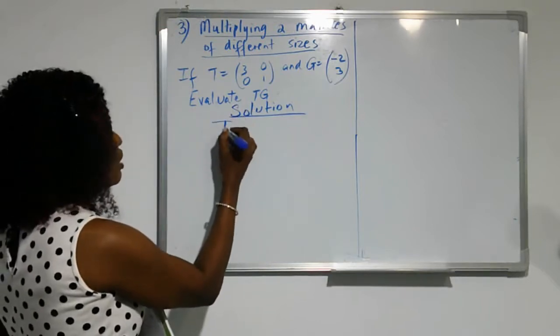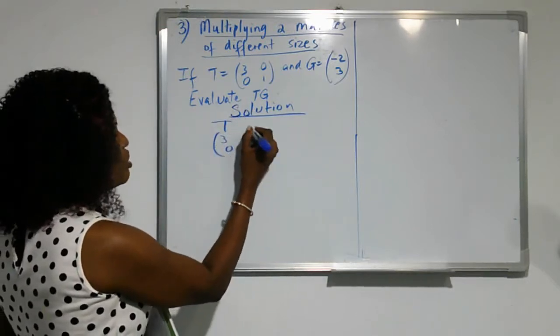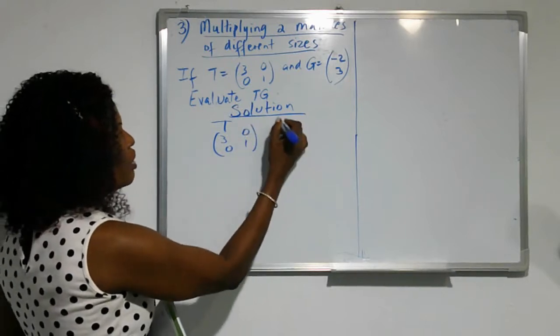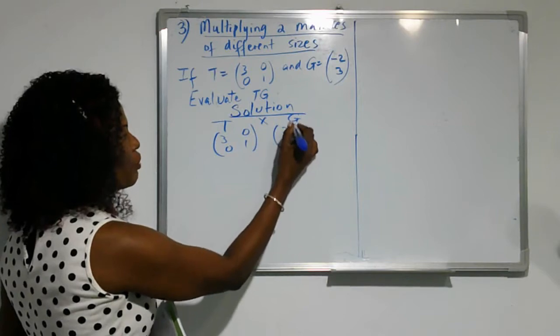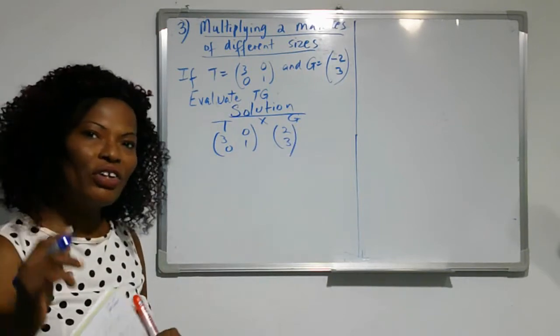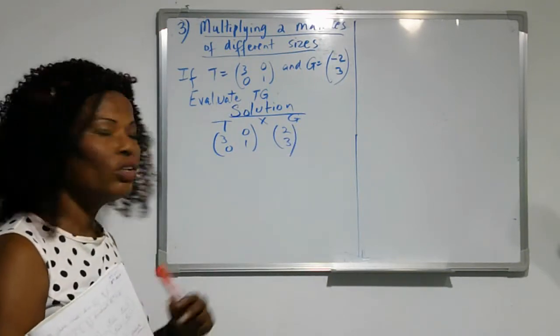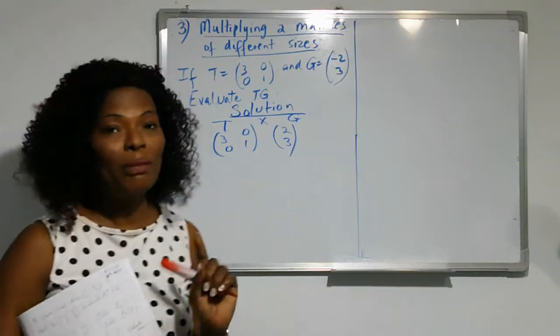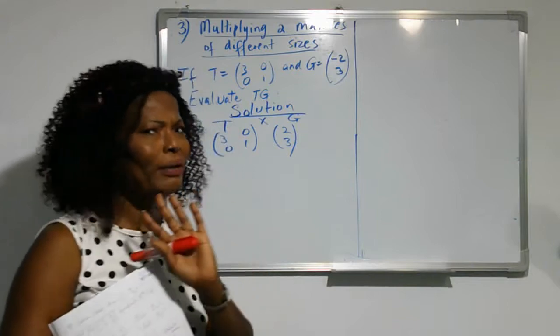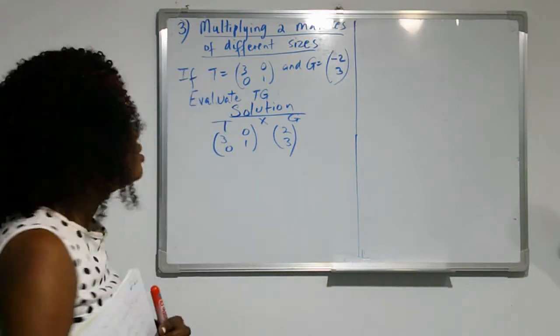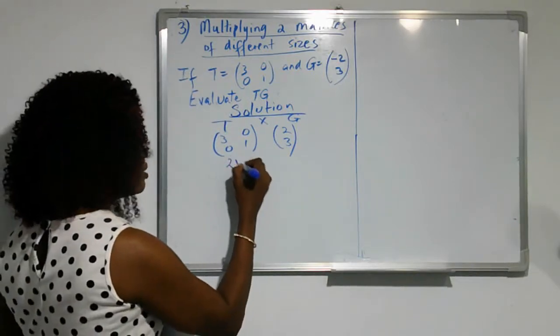So here is T, 3, 0, 0, 1. And here is G, negative 2, 3. Now remember we said in previous videos that not all matrices can be multiplied. So we have to first check their compatibility. So this is a 2 by 2 matrix.